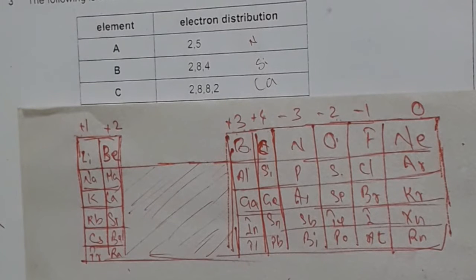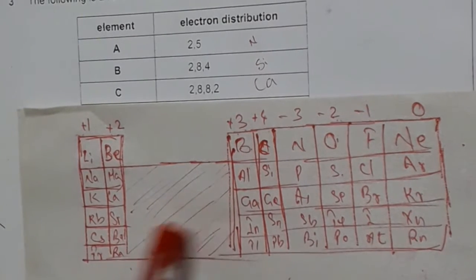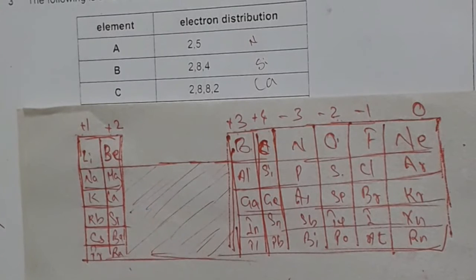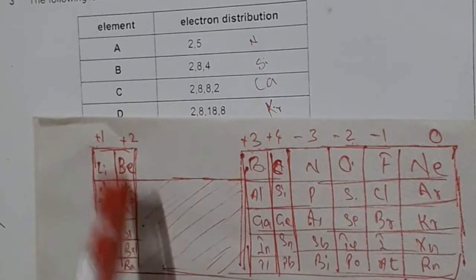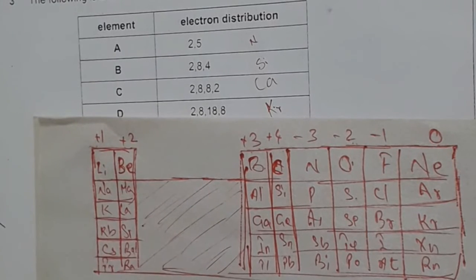The metals coming here are transition metals. Transition metals are hard, with high density, and high melting and boiling points. They are good conductors of electricity. They are used as catalysts. They make colored compounds. Soft metals are group 1 and group 2.